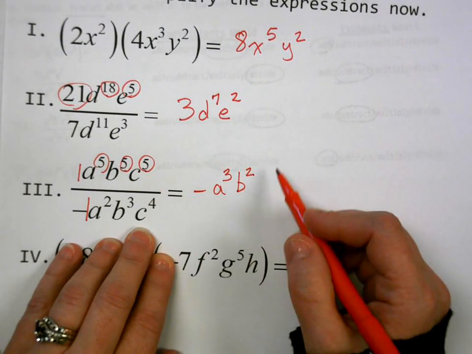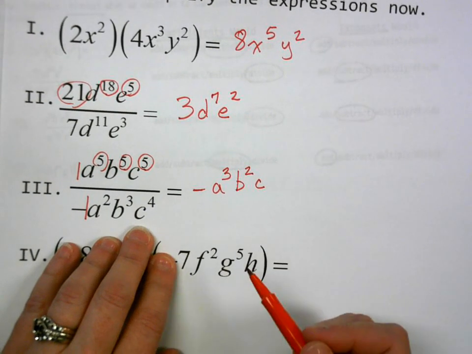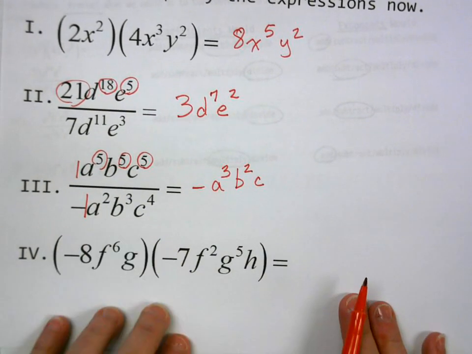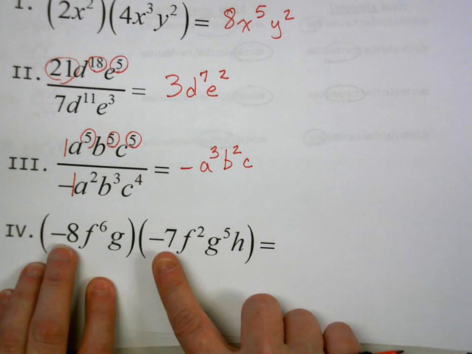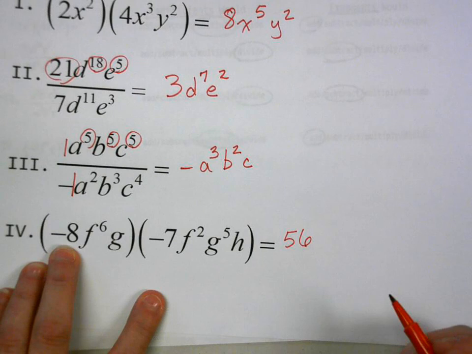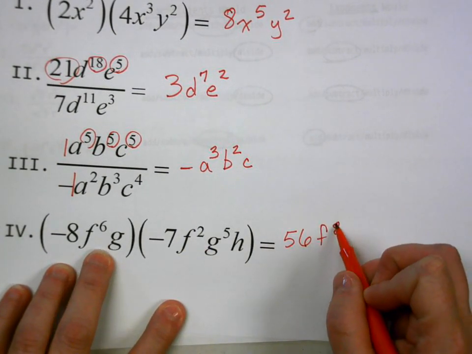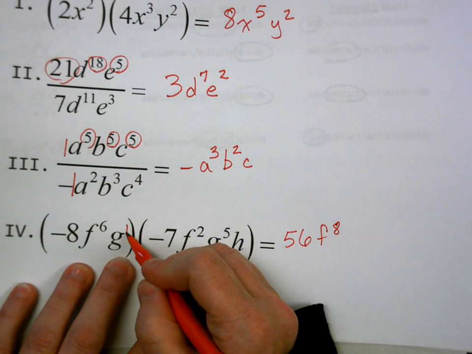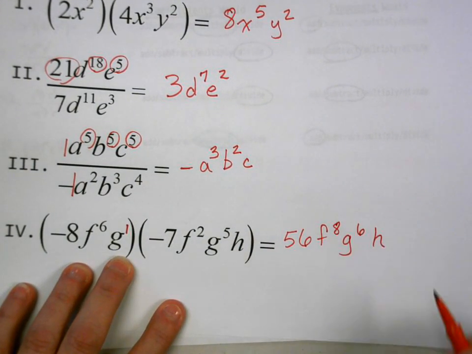And C, 5 and 4, so C1 is left, and it's also in the top, so no fraction bar there either. Okay. Then we've got multiplication here. Negative 8 times negative 7 is a positive 56. F6 and F2 makes it F8. G1 and G5 is G6, and then H.